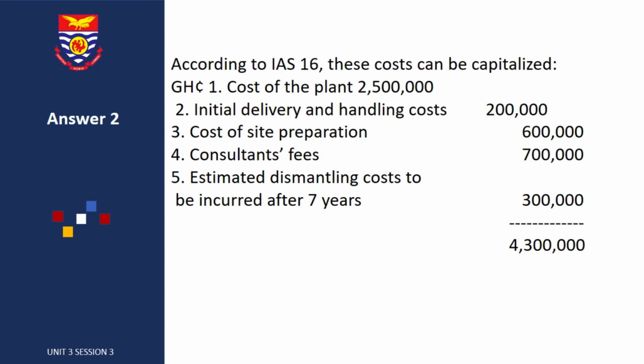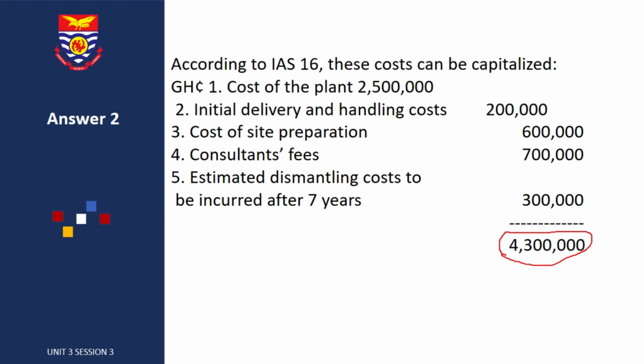So your initial measurement for this item is going to be 4.3 million. Then subsequently, you have to depreciate it at the end of the year. So this is now becoming the cost that you can recognize in your books. This is now the cost of the asset.